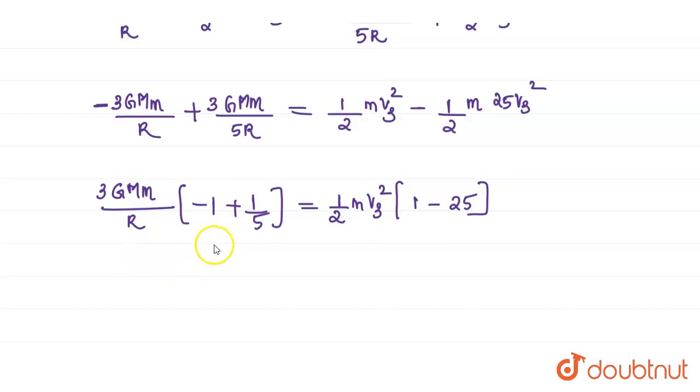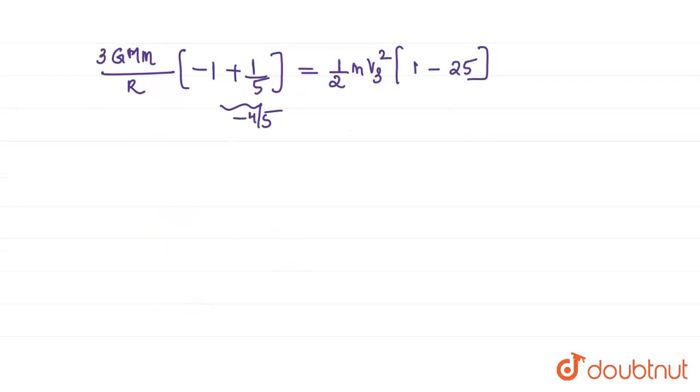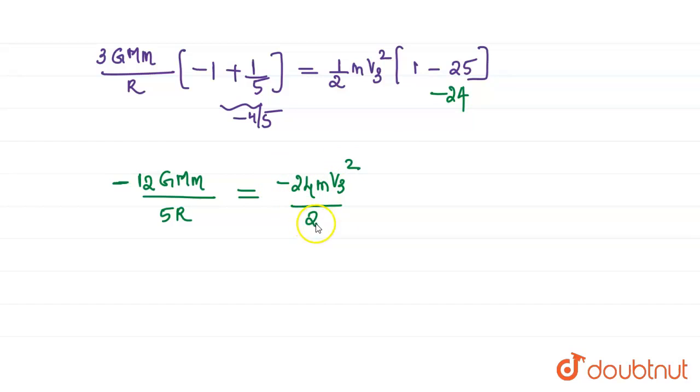On finding the LCM, it is minus 4 by 5. So I get minus 12, 3 into 4 is 12, GMm by 5r equals 1 minus 25, which is minus 24, m v3 square divided by 2.